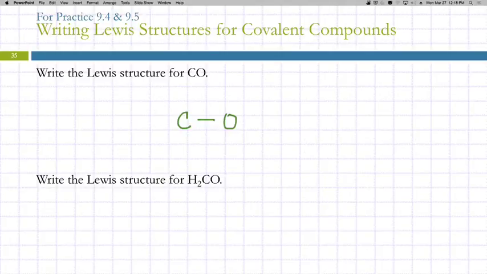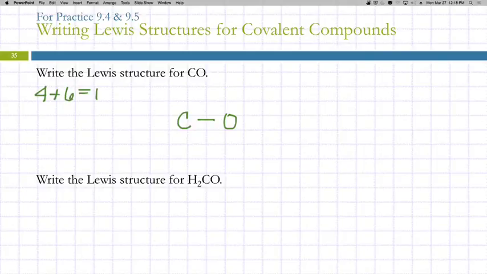So the next step then is to figure out how many electrons we are going to show in this Lewis structure. How many valence electrons? So how many valence electrons does carbon have? 4. So remember, valence electrons is the group number. So 4 for carbon, and how many does oxygen have? 6.